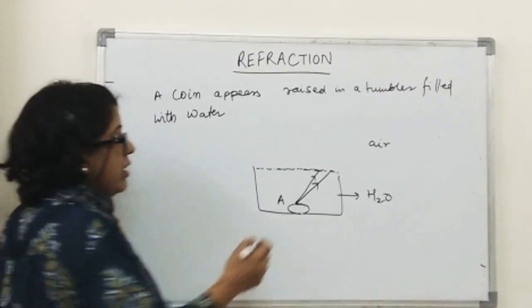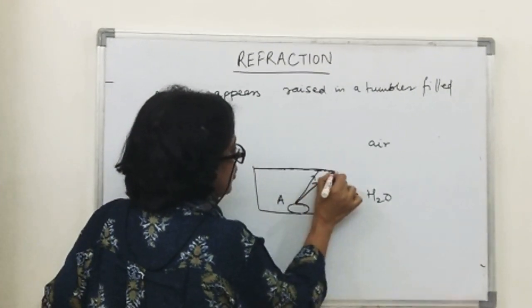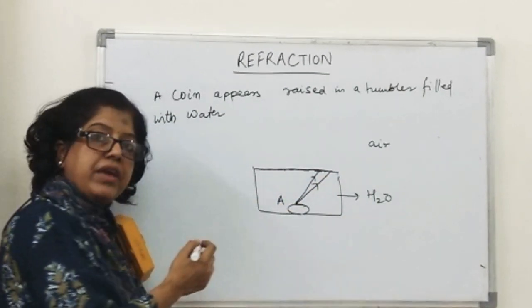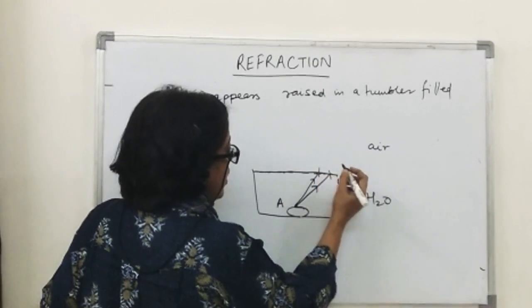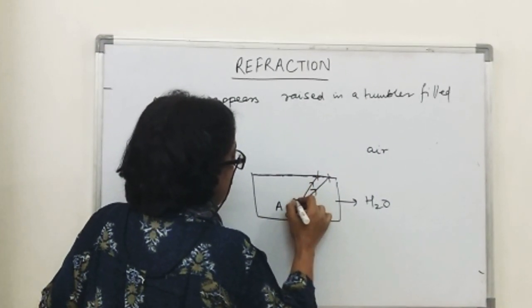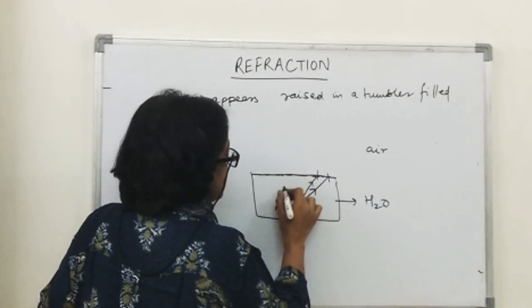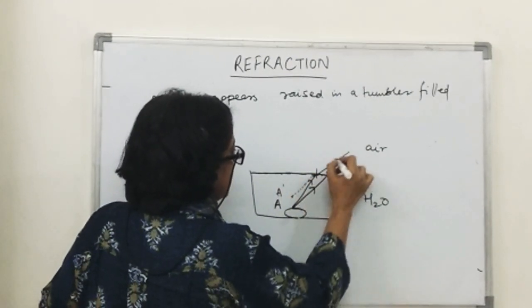And how will they bend? A ray going from water to air bends away from the normal. So I'll draw the normal here, and here. The rays bend away from the normal and they appear to come from a point A dash. So your refracted ray will be, you can draw it like this.